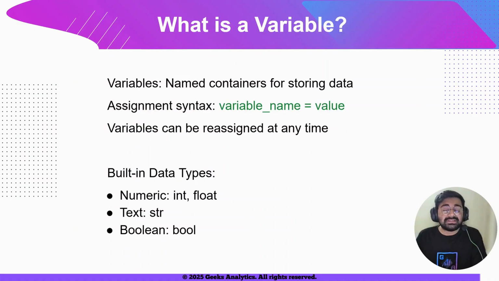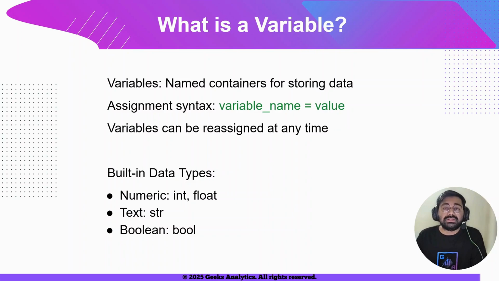Python doesn't need a type declaration before the usage of a variable. It creates the variable and automatically identifies what data type the value is. There are a few built-in basic data types. The basic data types are numeric, the integer and float. Integer means numbers like 1, 2, 3.